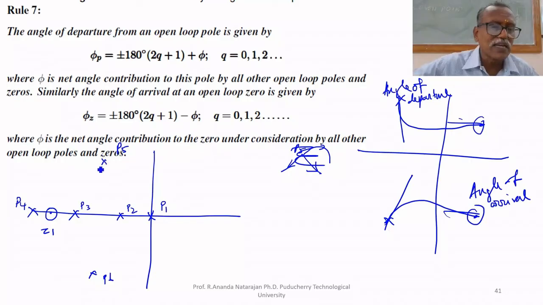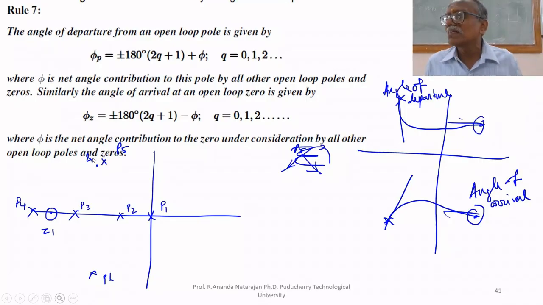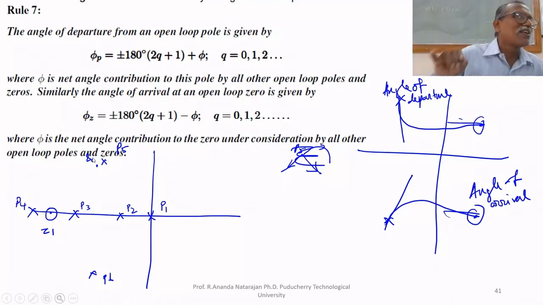Let us select a point S0 very close to P5. Here I am drawing it a little bit away, but it is very close to P5. If S0 is on the root locus, the line joining S0 and P5 is the angle of departure. Am I correct or not?